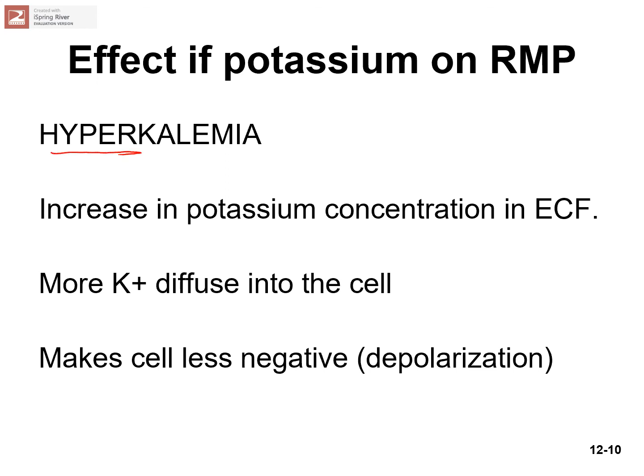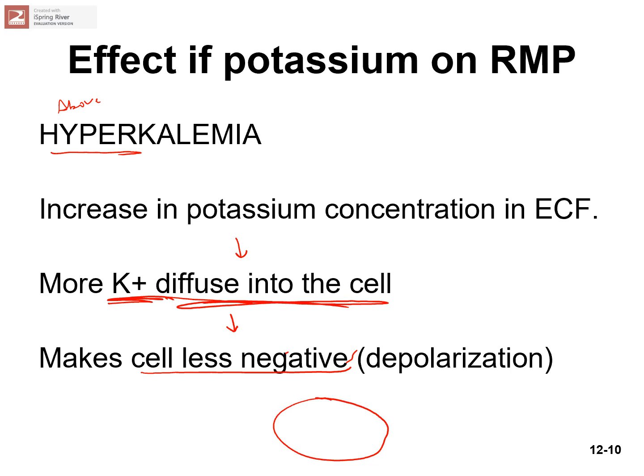So hyperkalemia is the opposite of hypokalemia. Hyper means above. So high concentrations of potassium in the extracellular fluid is called hyperkalemia. And when this happens, potassium tries to diffuse into the cell. When too much potassium diffuses into the cell, it makes the cell less negative, because you'll have almost equal numbers of positive charges inside and outside due to increased movement of potassium into the cell.